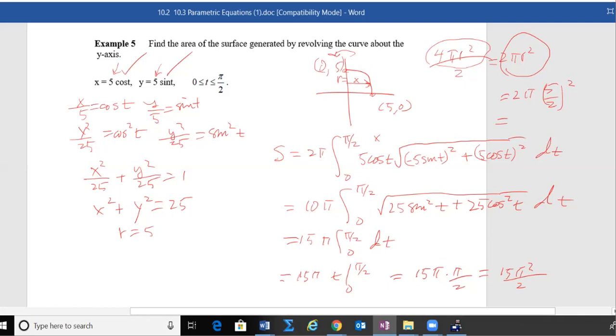So this ends up as 2 pi times 25 over 4, which is 25 pi over 2 pi squared. This should have been a squared here, my original formula.